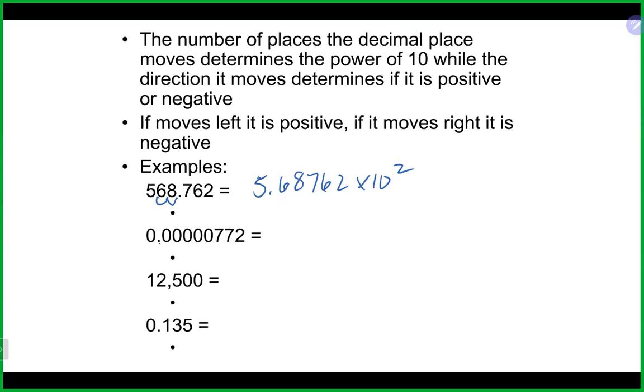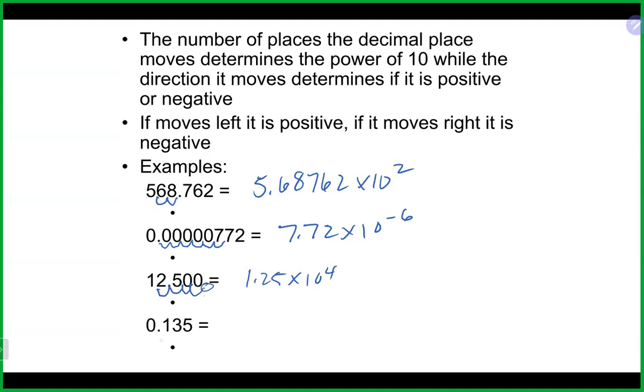Here to get to a number between 1 and 10, we have to go 1, 2, 3, 4, 5, and 6 places. And that's going to give us 7.72 times 10 to the minus 6. Once again, it is not written as a decimal, but it is assumed to be about there. So we'll go 1, 2, 3, and 4 places: 1.25 times 10 to the 4th. We'll talk about why those zeros are not significant in just a bit, and that's why we got rid of them here.